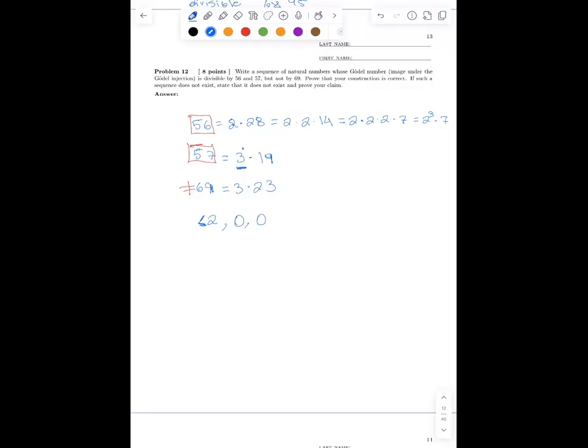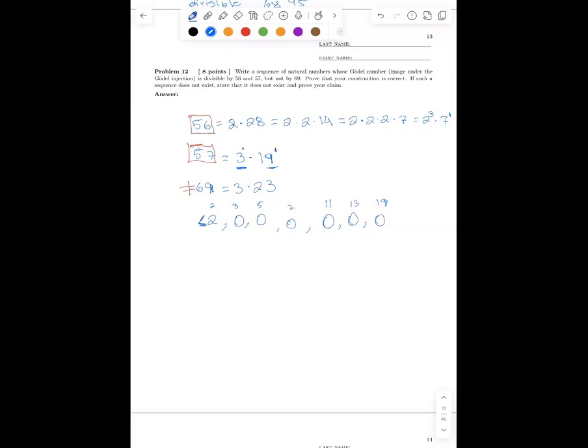We have to go up to the point of 19. So for the rest, I have 2, 3, 5, 7. I only have 1 7 here. So if I deduct 1 from the power it is 0. Then I have my 11, my 13, my 17, and then the 19.